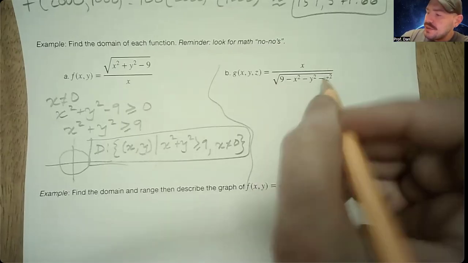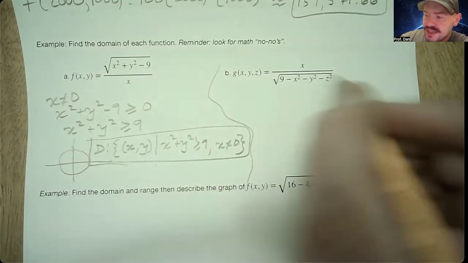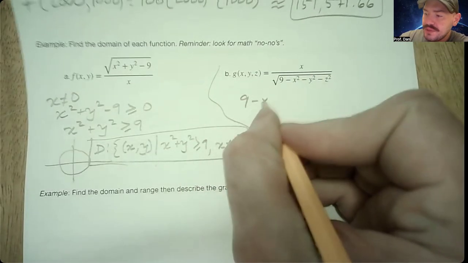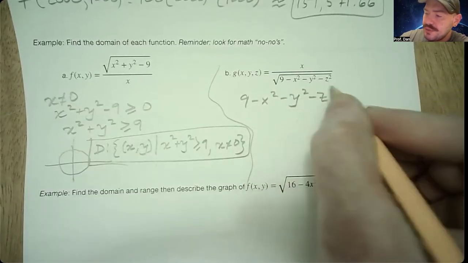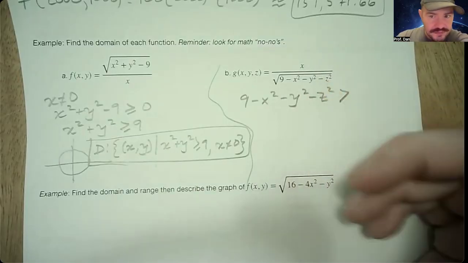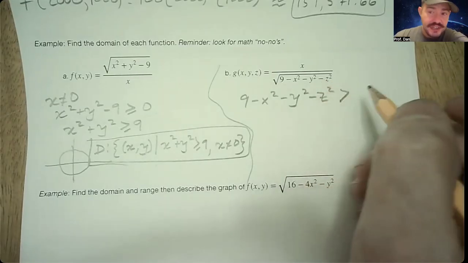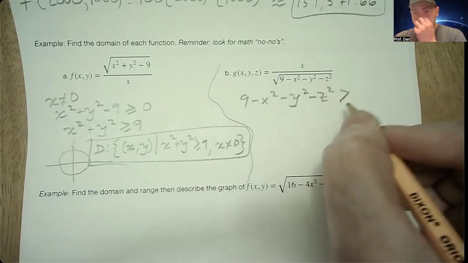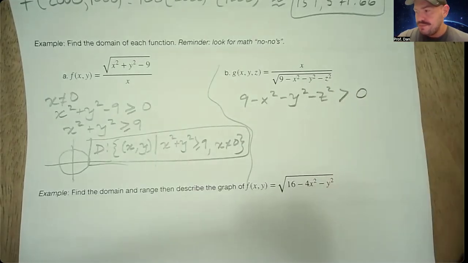But for square root, or generally any even root, the inside of the root has to be greater than or equal to 0, except because that's in the denominator, it can't actually equal 0 because we can't have 0 in the denominator. So instead of putting the or equal to, we're just going to leave this as greater than 0.